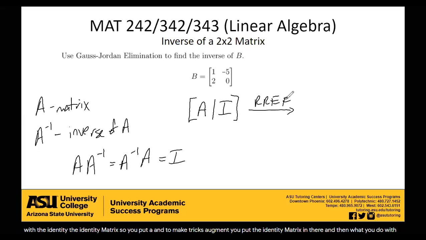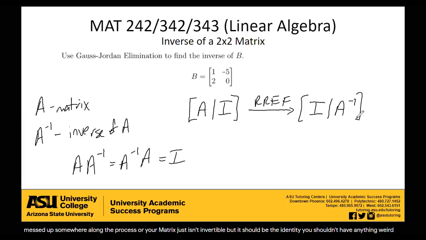Now, if your matrix A is invertible, what will happen is the left-hand side will become the identity. So if you don't get the identity on the left-hand side, either you messed up somewhere along the process or your matrix just isn't invertible, but it should be the identity. You shouldn't have anything weird going on. It should be exactly the identity. And on the right-hand side, you'll get A inverse.